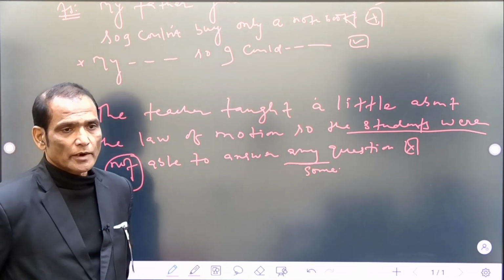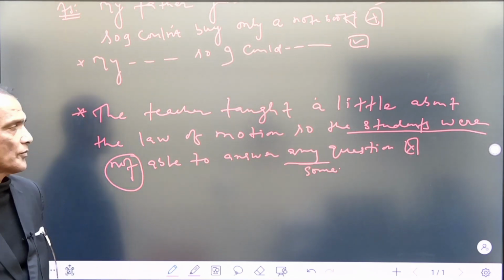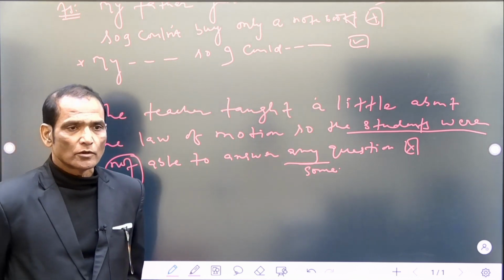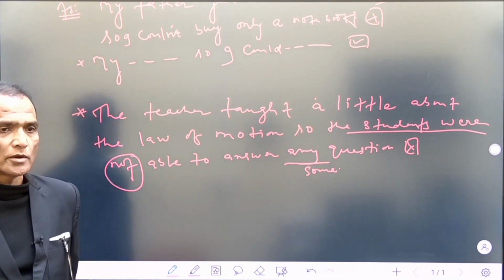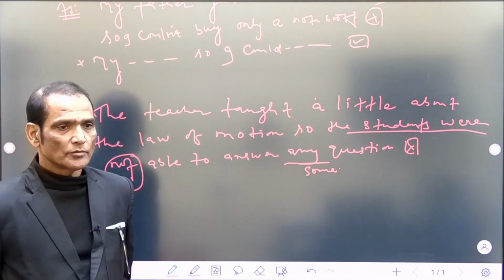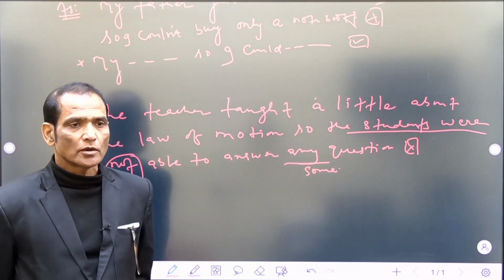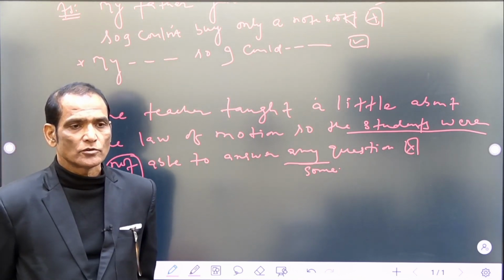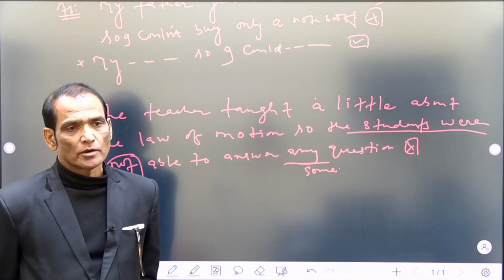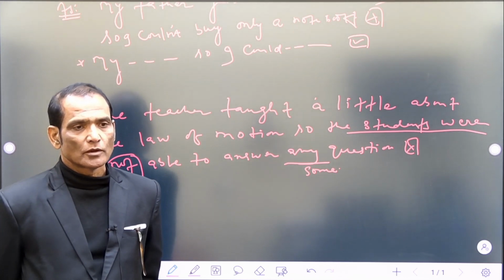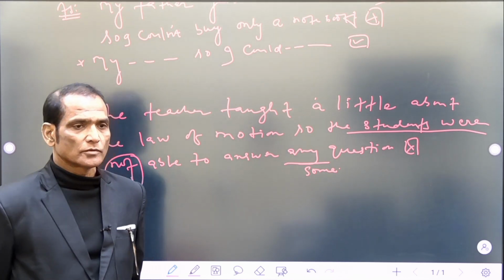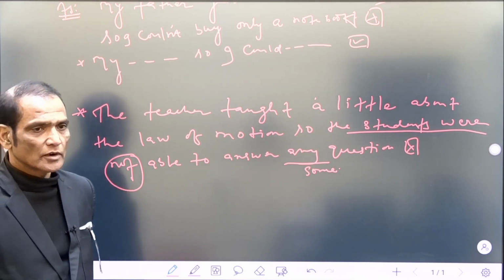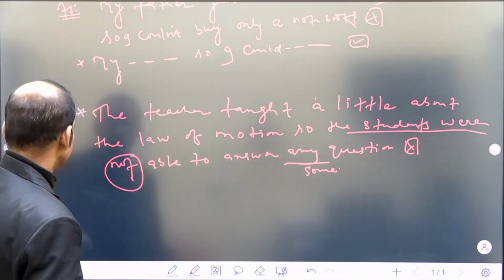If you have used little in your principal clause, your subordinate clause will be in negative sense, and if you have used a little in your principal clause, your subordinate clause will be in positive sense. And so if there is inverse, then the sentence is incorrect.